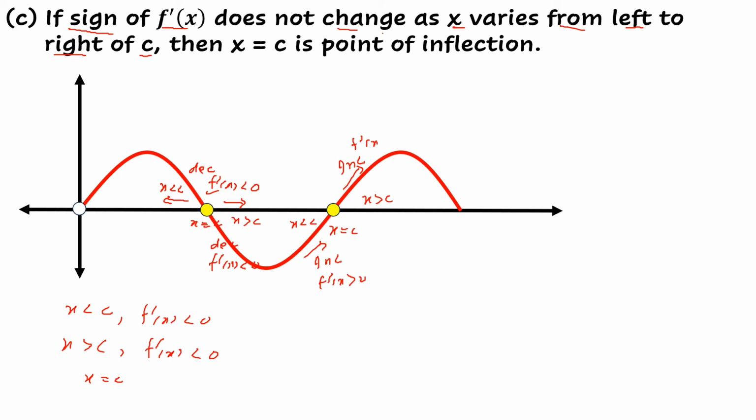That is, its first derivative is greater than 0. So, if x is less than c, f dash x is greater than 0, and when x is greater than c, f dash x is again greater than 0. That is, at this point, the sign of the first derivative of the function doesn't change. So this point is also point of inflection.